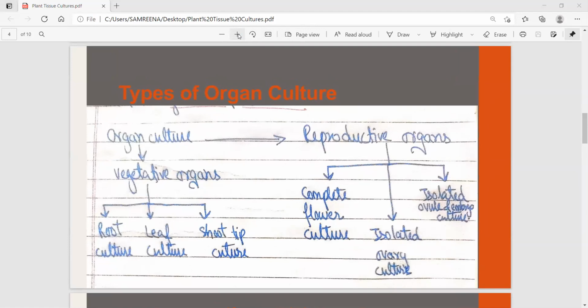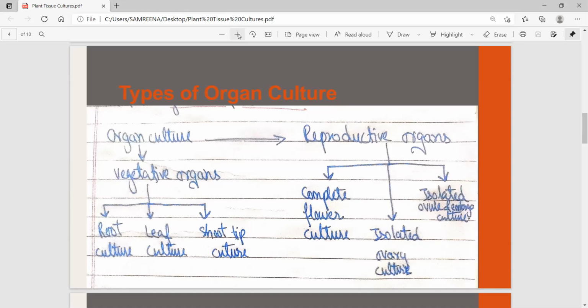We can directly take these organs, then allow them to grow under in vitro conditions. Or the organ can be preserved for further use, as preservation will help to preserve the structure and the function of these organs.